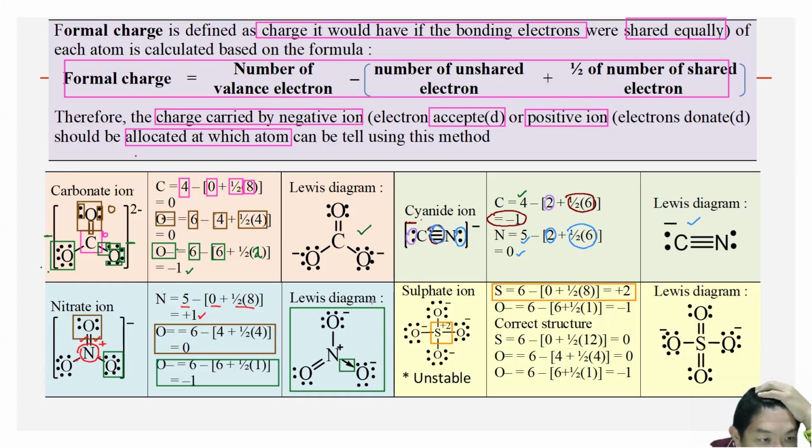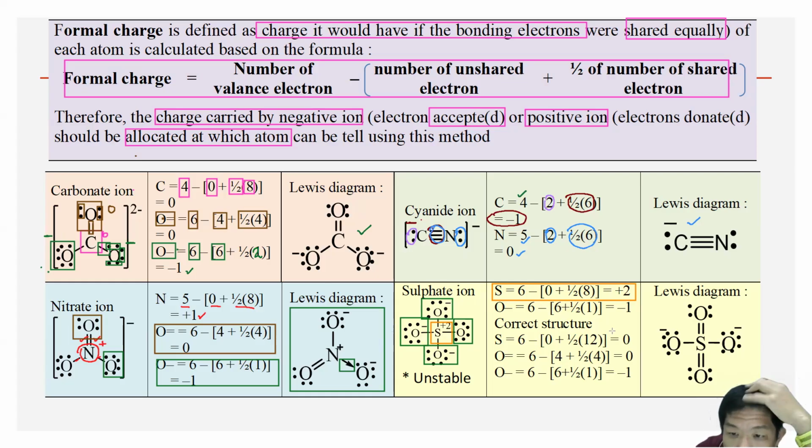And then for the oxygen single bond, as we already calculated previously, all oxygen single bonds will carry a negative charge here. So for such a structure inside a covalent bond, it is abnormal because a covalent bond is supposed to have shared electrons, not electrons with charge in here. So, in other words, this sulfate ion is considerably unstable.